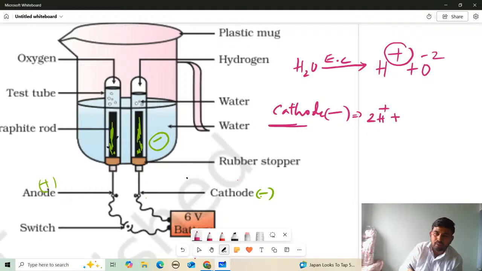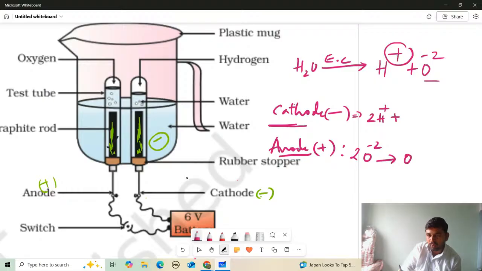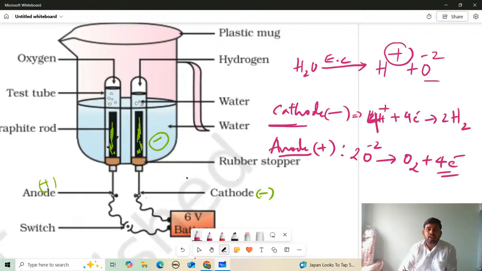First we write the reaction at the anode. Anode means positive potential, so it attracts negative ions. Two O minus 2 ions will come and convert into O2, producing four electrons. At the cathode, four hydrogens will gain four electrons and produce two H2 molecules.